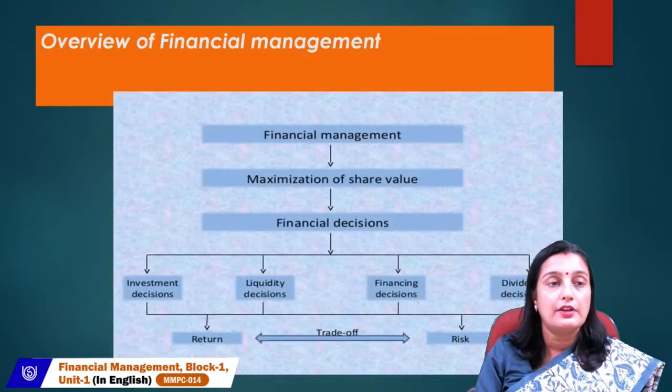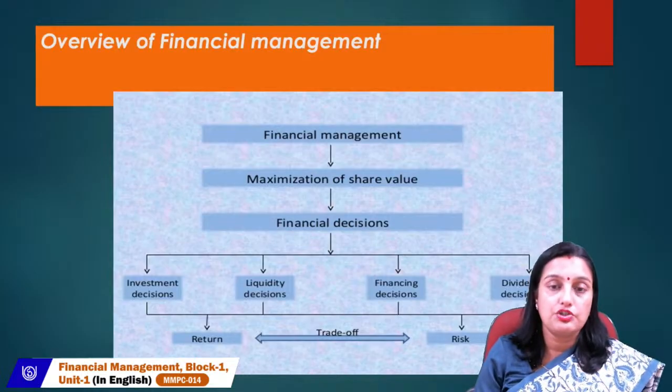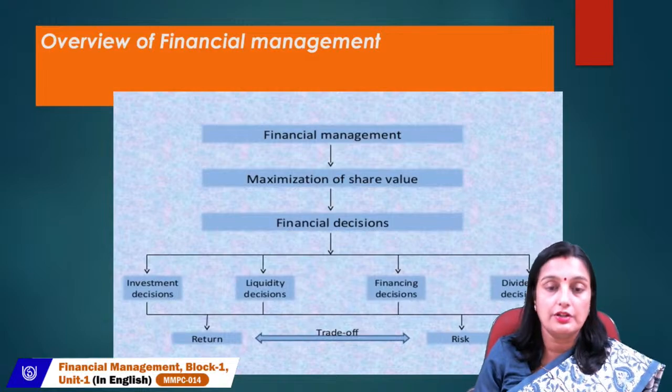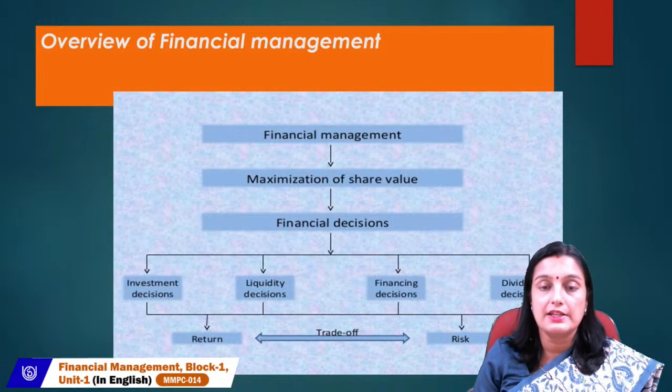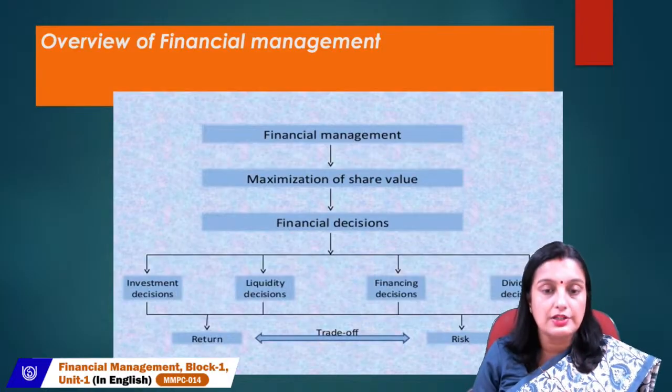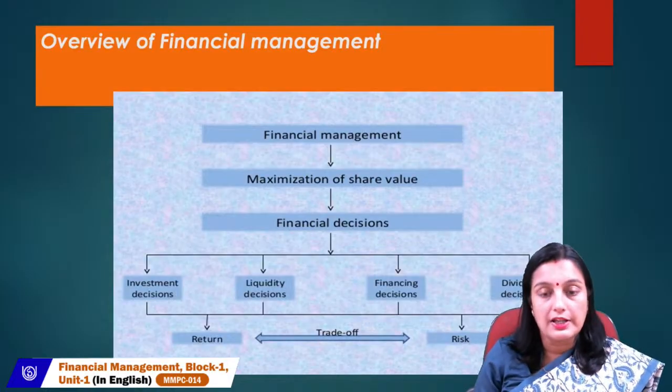Now moving ahead, how does a financial management department in any organization work, what is its perspective, and what are the core financial decisions it can take in the financial management part?